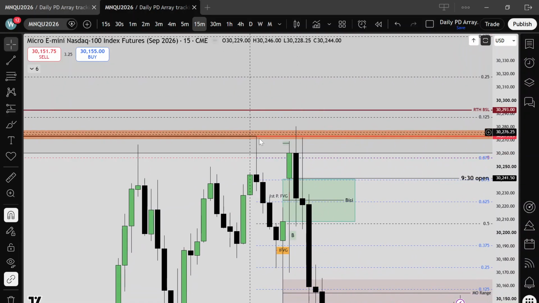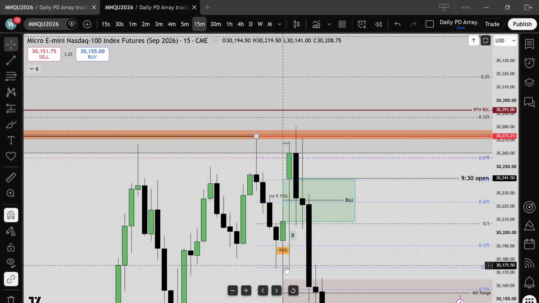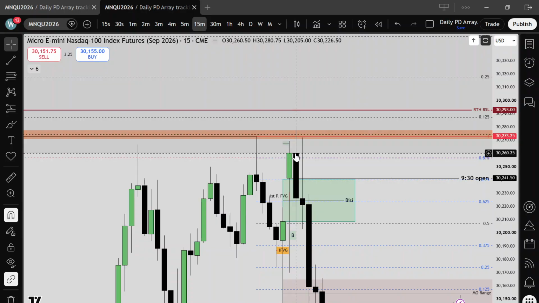So basically it does not take out the most recent salient 15-minute swing high, and then trades down. Next candle opens, takes out not only sell side, but that candle, and closes.